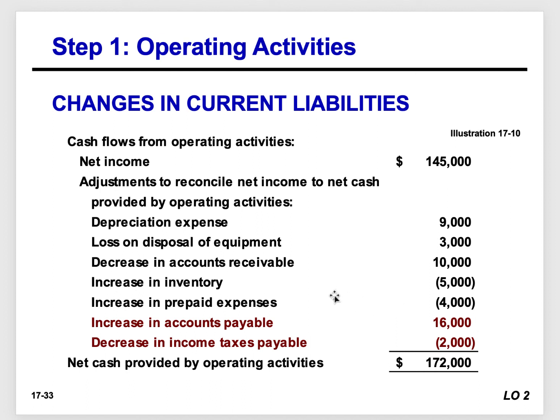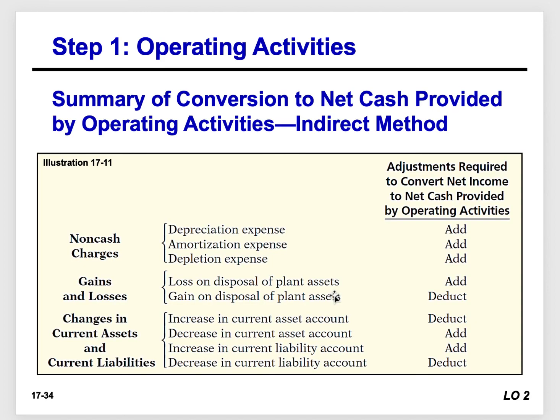And conversely, it's the total opposite for liabilities. If we have an increase in accounts payable, we add it. If we have a decrease in accounts payable, we subtract it. Okay? So right here, and this is actually pretty nice, tells you what we do, right? We start off with net income. Any non-cash changes, right?